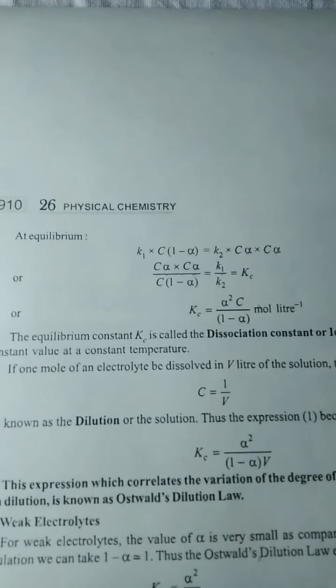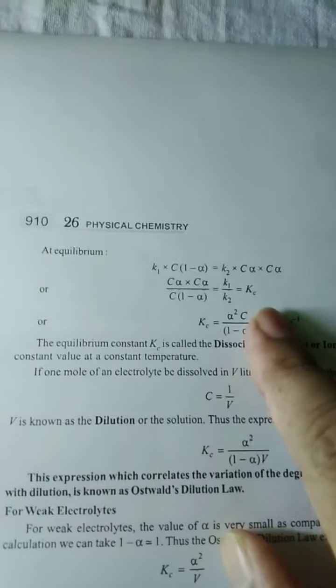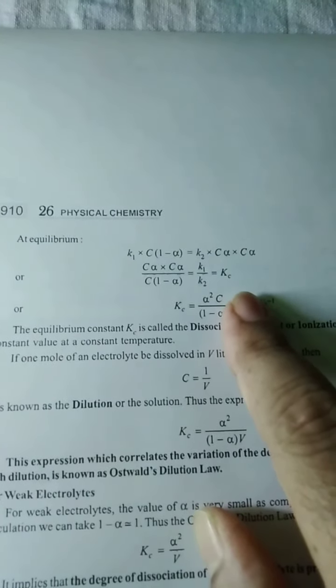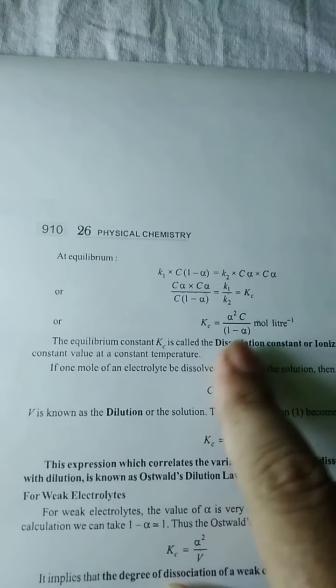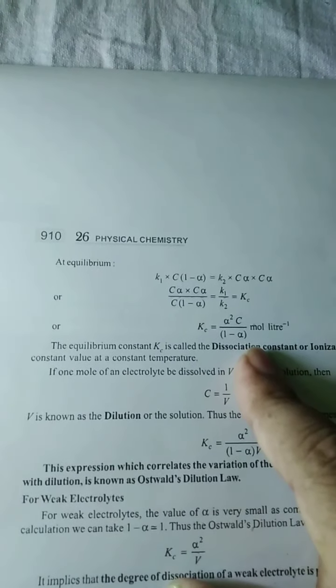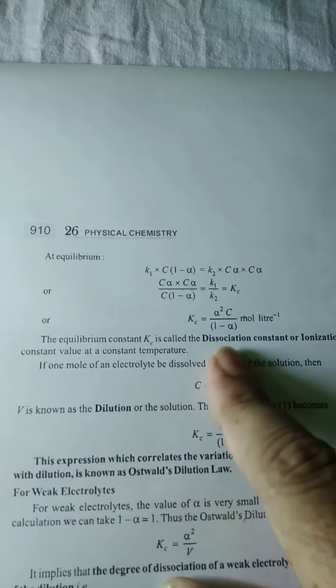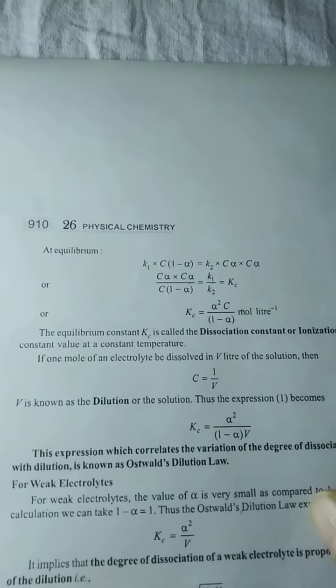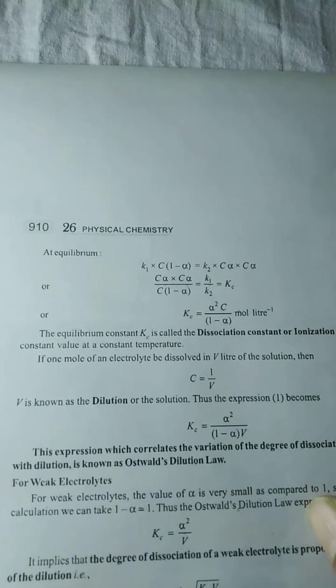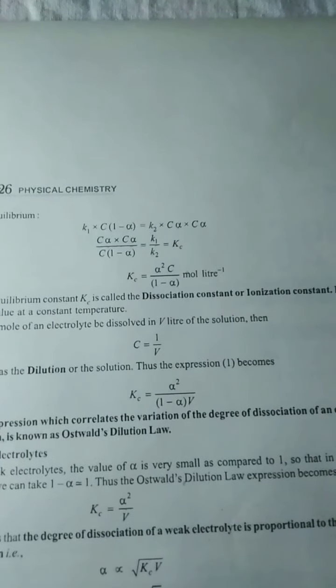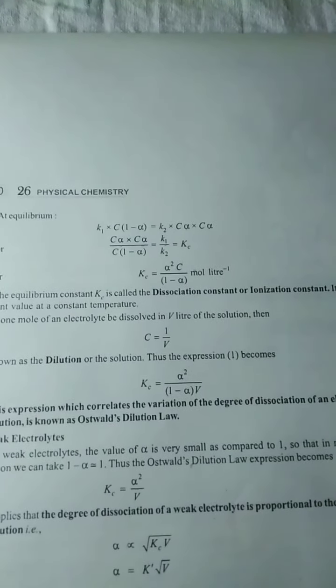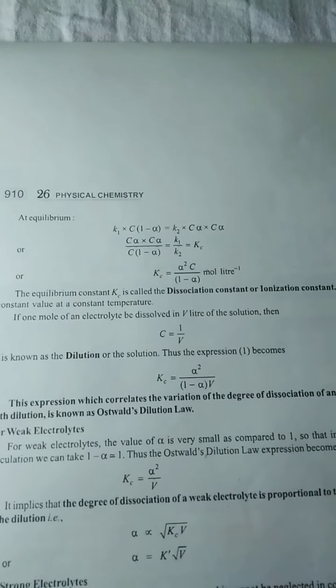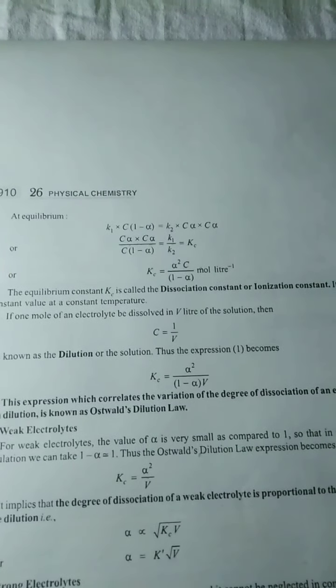Then we get the rate constant ratio K1 over K2 equal to Kc, which is C alpha square in the numerator and (1 minus alpha) in the denominator, mole per liter. It is the equilibrium constant, known as the dissociation constant or ionization constant, at a certain constant temperature.